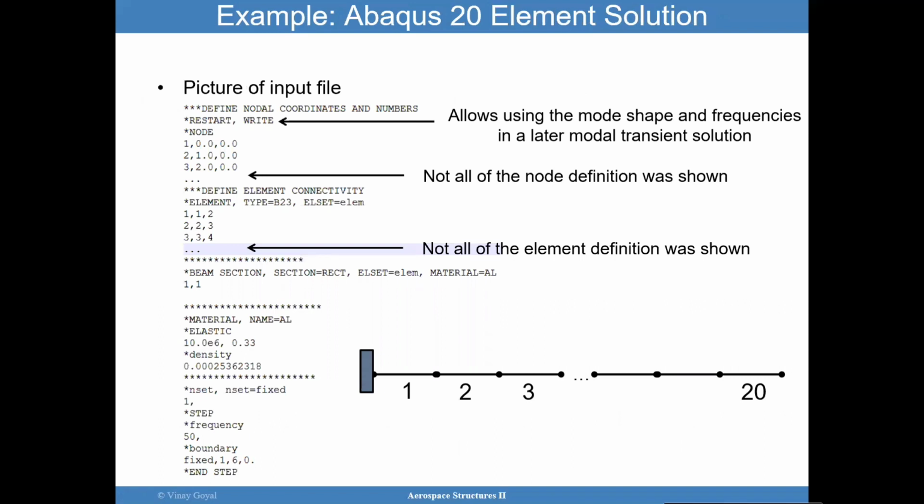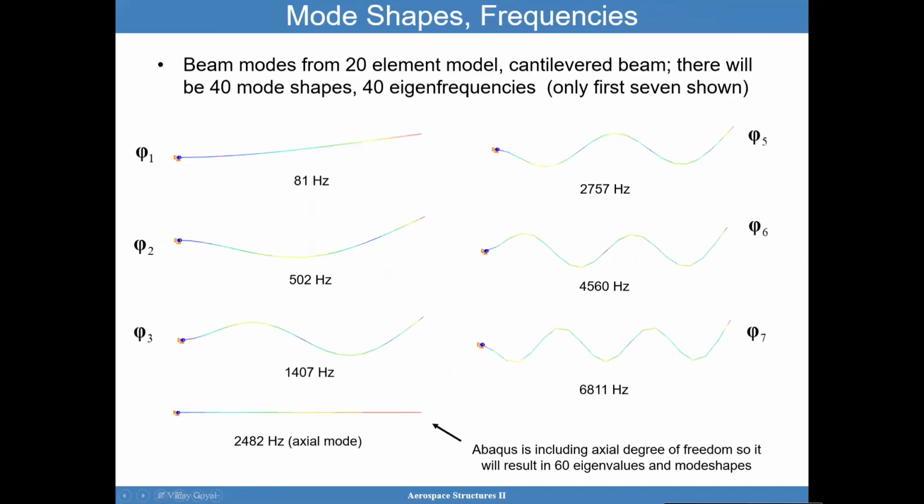In Abaqus, to perform an eigenvalue extraction procedure, you define the nodes, the elements, and then you provide the material properties, and then you simply calculate the frequencies with the star frequency command, and that will give you the frequencies of the system. Here, I'm plotting some of the mode shapes, for 81 hertz.